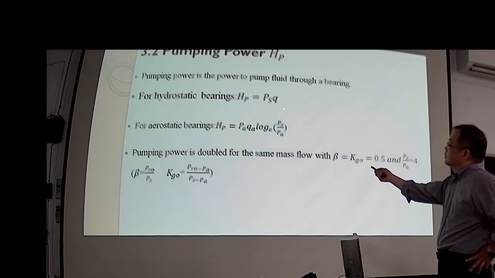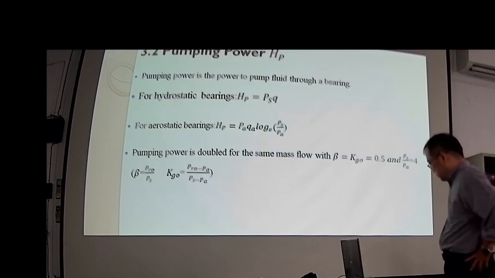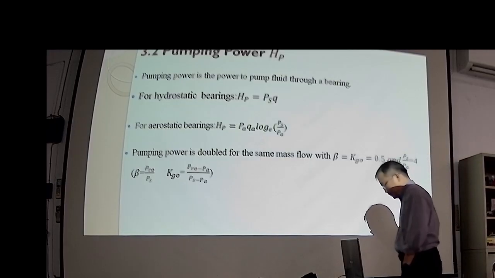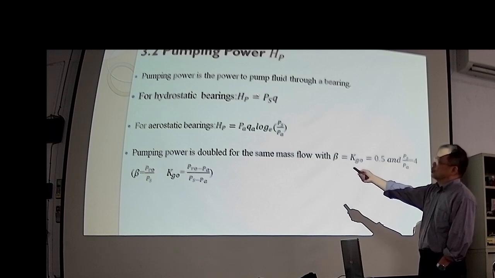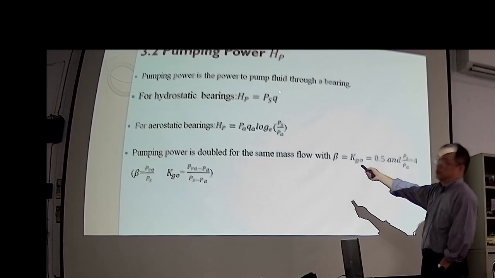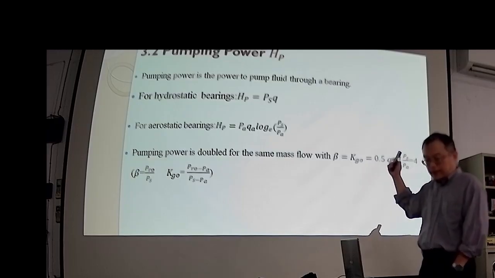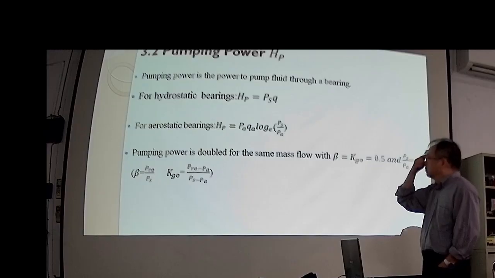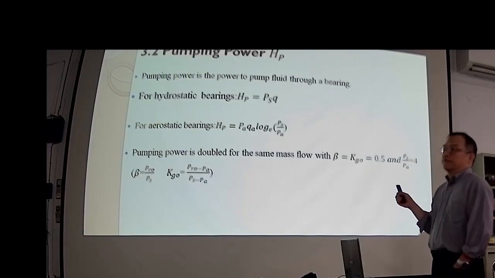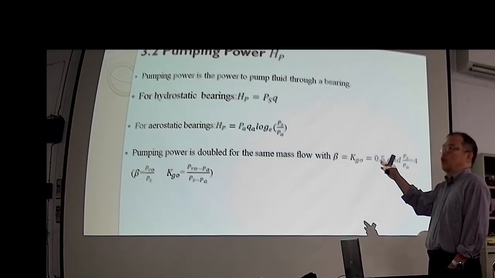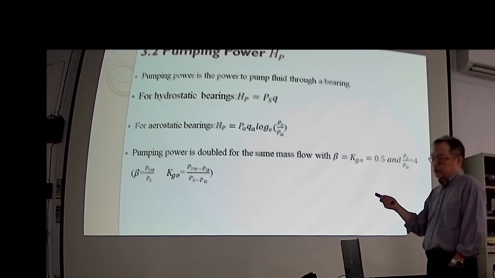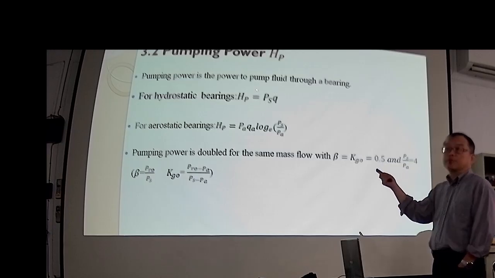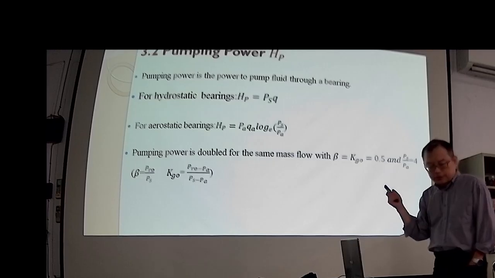This is the equation to calculate the total pumping power for the oil supply system: the supply pressure for the oil supply system multiplied by the total volume flow rate of the hydrostatic bearing. If you have more than one bearing pad in your system, you need to add together the volume flow rate for each individual pad.